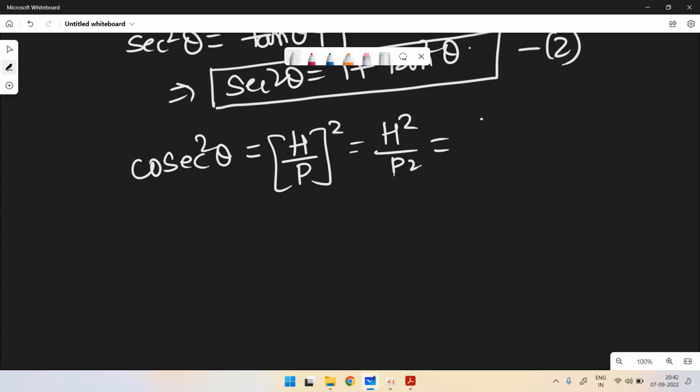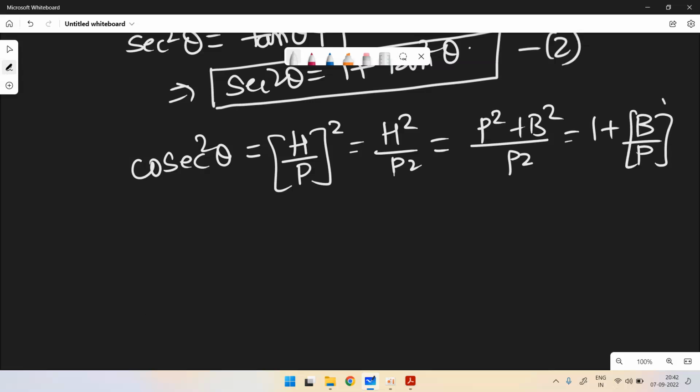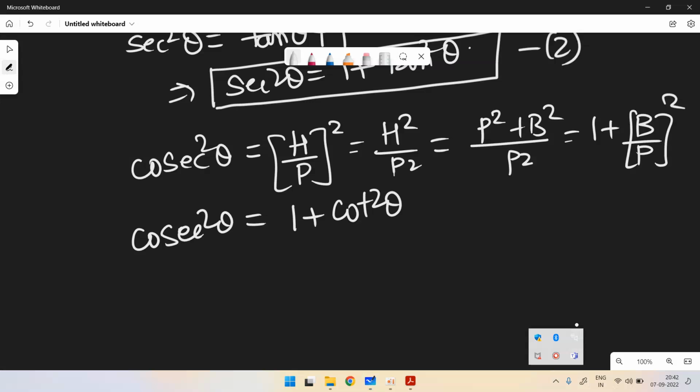Now h square can be written as p square plus b square by p square, which implies 1 plus b by p whole square. Now sir, what is b by p? Sir, p by b is tan theta, so b by p will be cot theta. So cosecant square theta is nothing but 1 plus cot square theta.